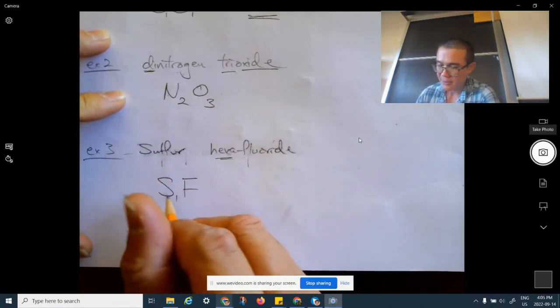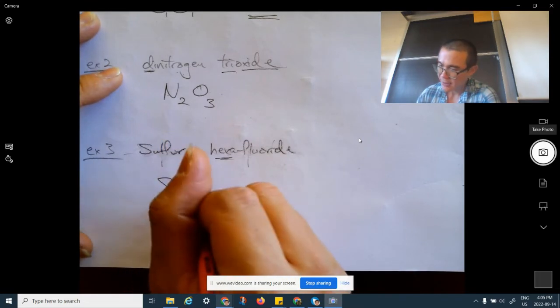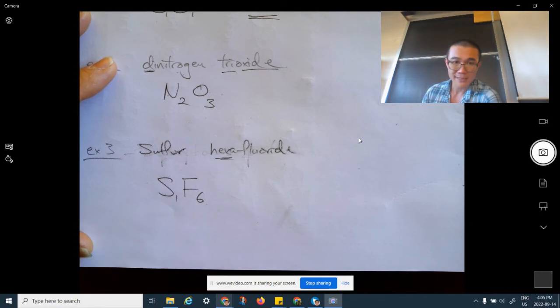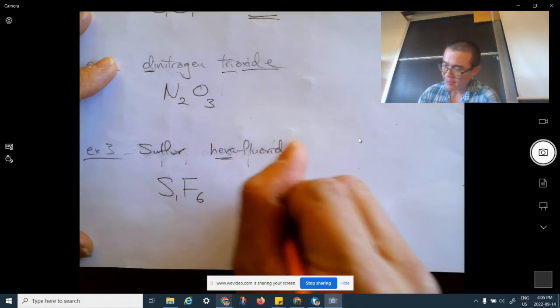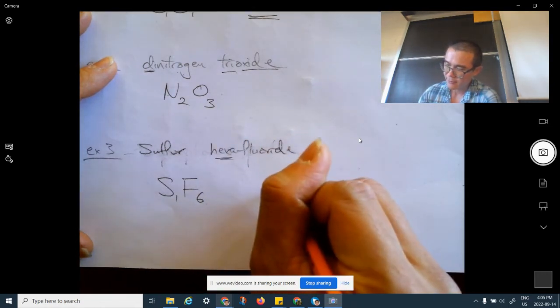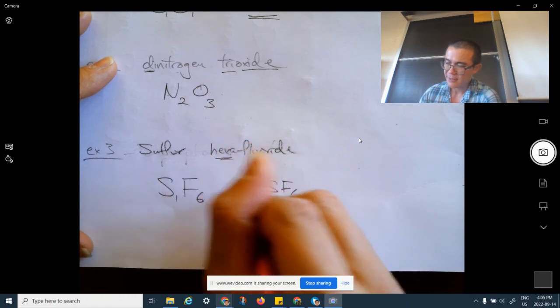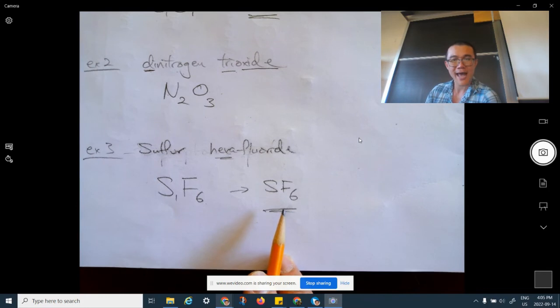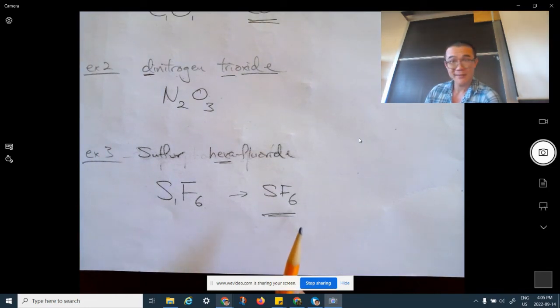So in this case, S1F6, or when you rewrite it, because you want to make the 1 invisible, it will be SF6. Okay, SF6. In fact, this is a colorless gas, but it's denser than air, so you can do a lot of really cool demos with that.